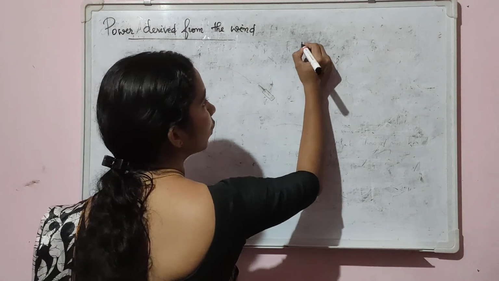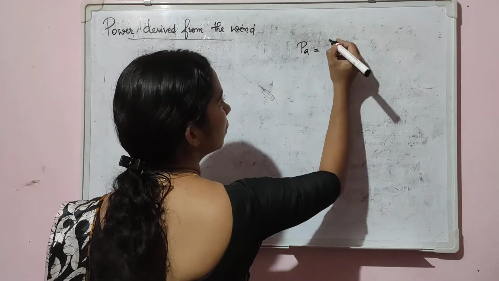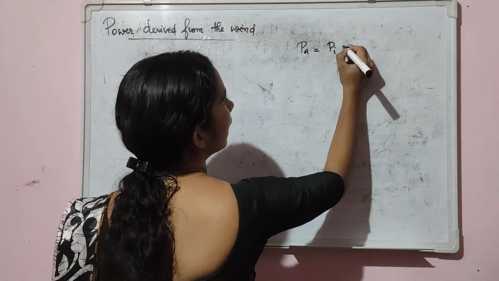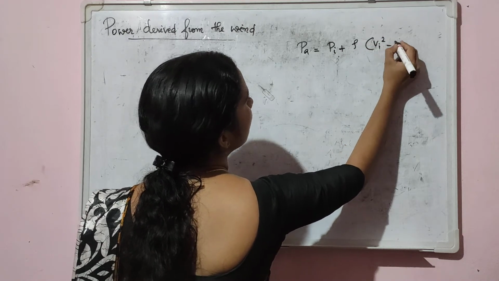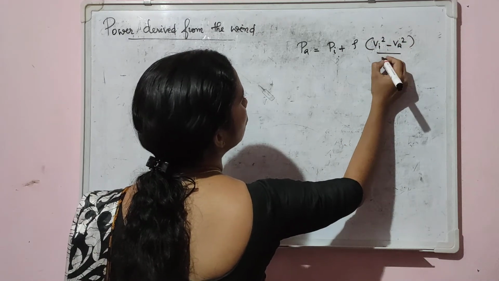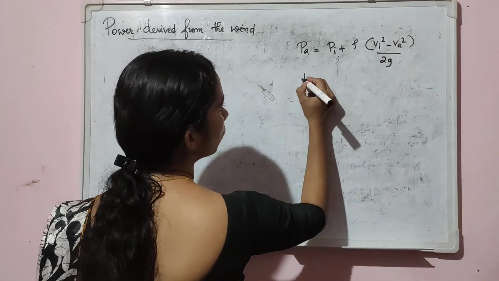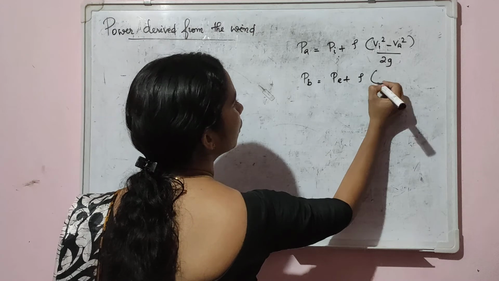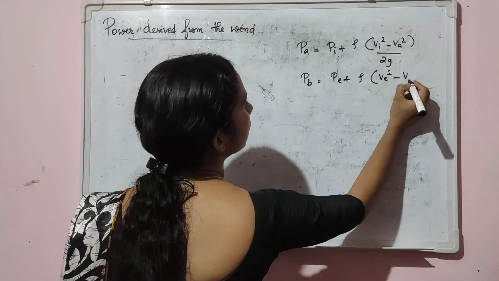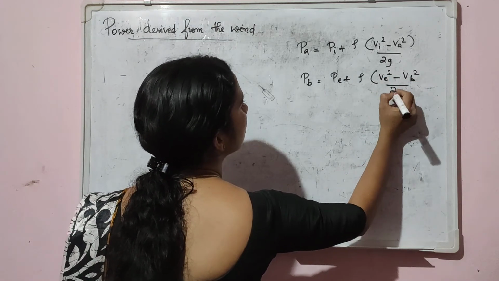Equation number 1 was Pa is equal to Pi plus rho into Vi square minus Va square divided by 2G, and equation number 2 was Pb is equal to Pe plus rho into Ve square minus Vb square divided by 2G.